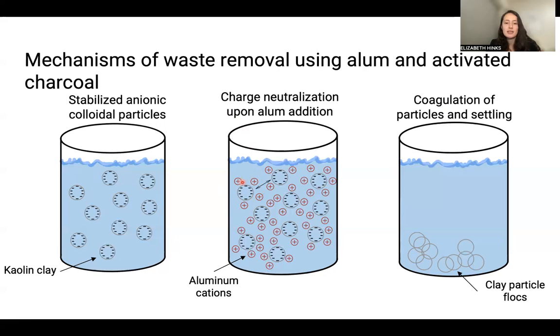This allows the kaolin particles to attract to one another and actually interact, and over time they form larger flocks that are able to sediment to the bottom of the beaker. Over a time period of 60 minutes, we gathered samples from the top clear portion of the beaker and measured the optical density to compare with the initial values.